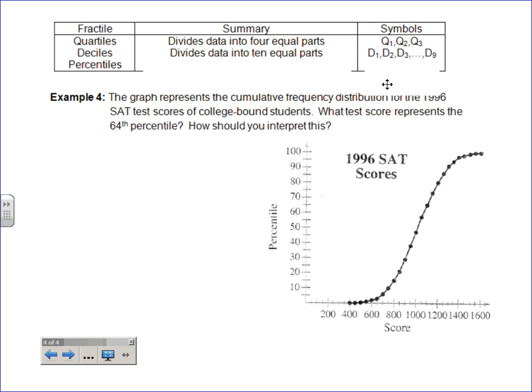And the 3 dots in there is an ellipsis, meaning that it covers all the ones in between. Okay. And so if you were, say, at D7, what percent of the data would you expect to be to the right of D7?